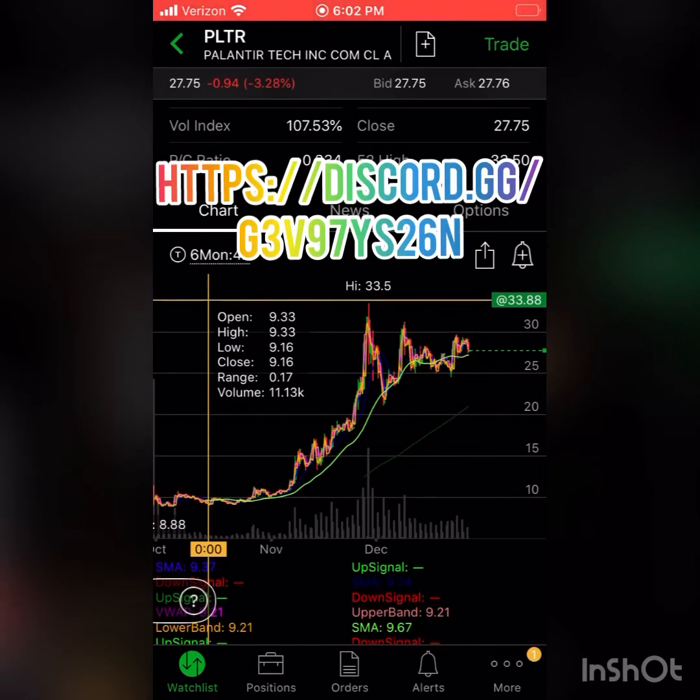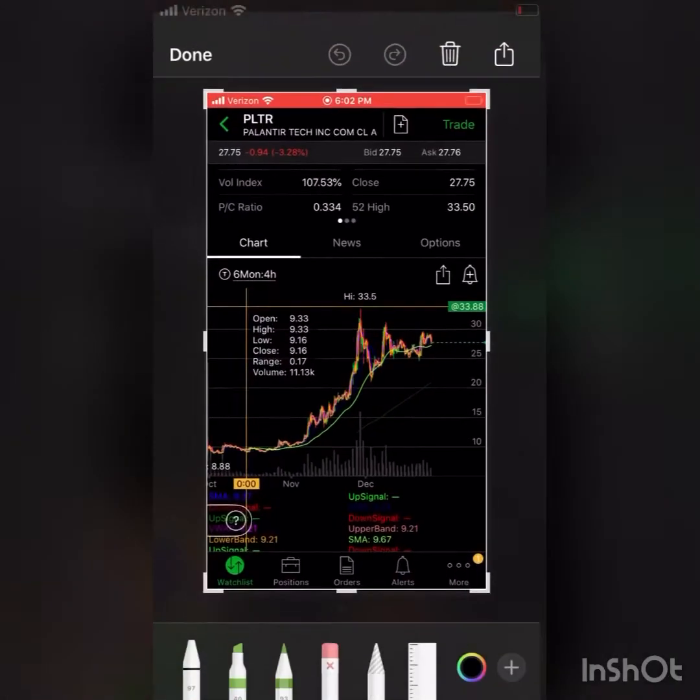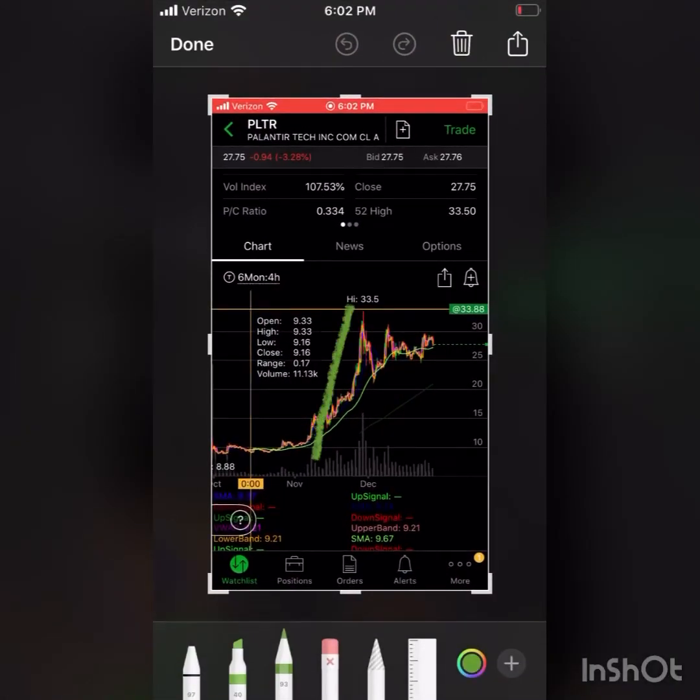But with that being said, let's get on here with this pattern. Right now you can see PLTR is flagging, and essentially what that means, if we break it down, you've got this price action here, which is the base of the flag, and then you've got the actual flag part.